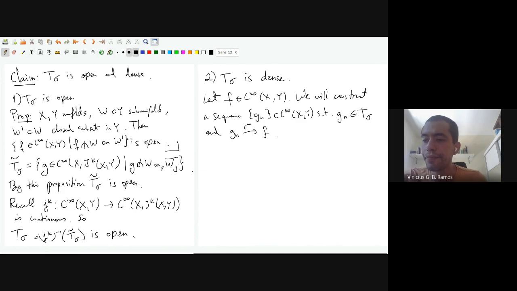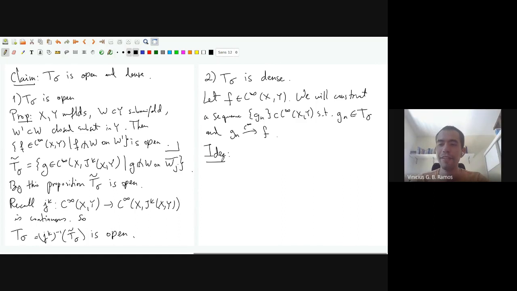So let me explain the idea first, because writing things down is a little messy, and we have to use charts, and I don't want you to get lost in the charts, because it can get a little dizzy going back and forth between charts and the manifold.